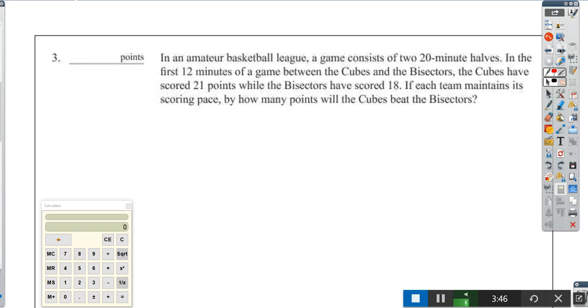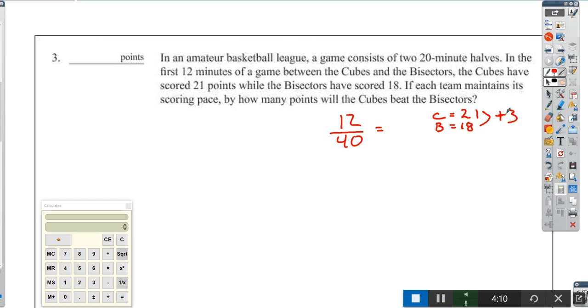All right, so in 12 out of 40 minutes, what do we have? Well, the Cubes have 21 points, and the Bisectors have 18. And that's a difference of 3, right?